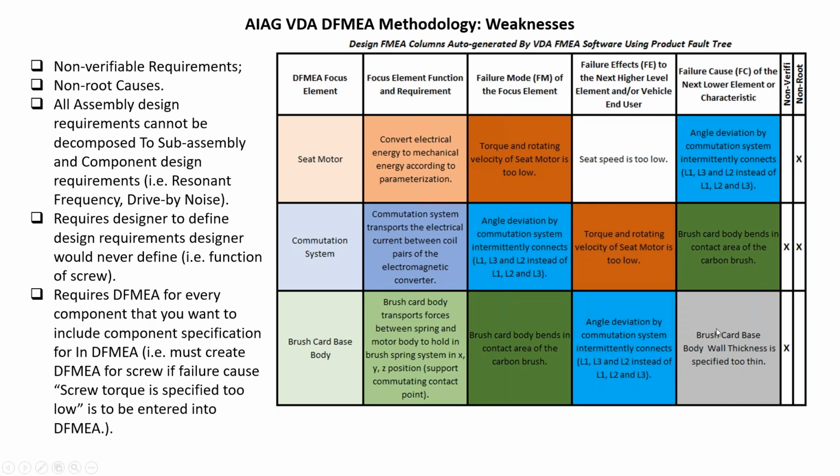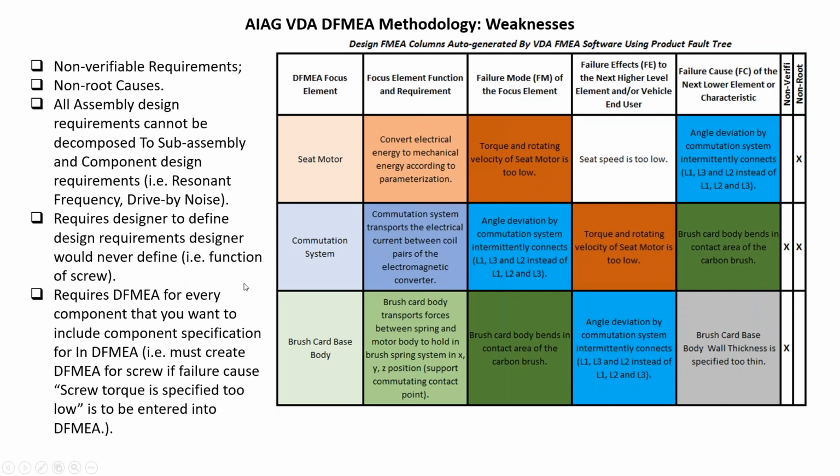The other thing is, not all design requirements can be easily transferred to subassembly and component design requirements. One of them being resonant frequency and drive-by noise. There's no way that an engineer is going to be able to take an assembly level requirement of resonant frequency and translate it to individual component requirements. The other thing is it requires the designer to define design requirements they would never define.